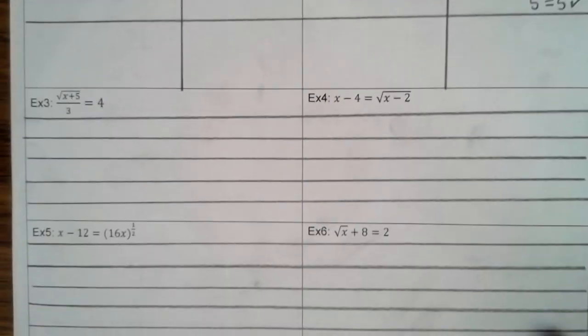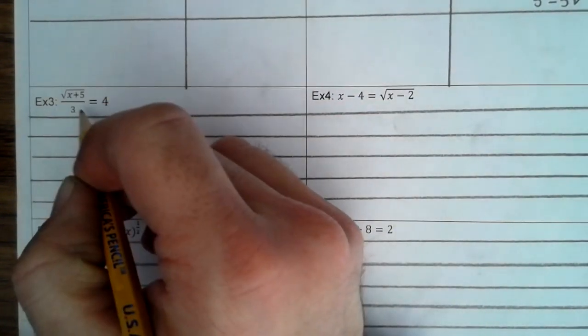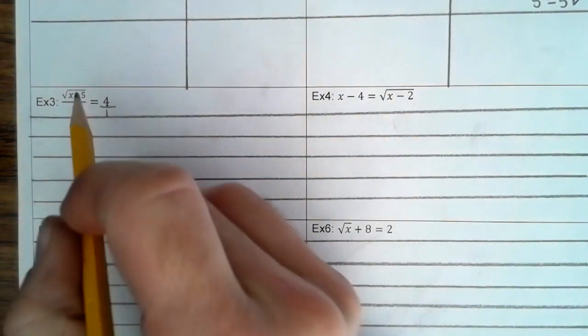All right, now let's take a look at example 3. Now the first step is we need to isolate the square root. So we're going to multiply, if we put here a 1, we can cross multiply. So square root of x plus 5 times 1 is the square root of x plus 5. And 3 times 4 is 12.